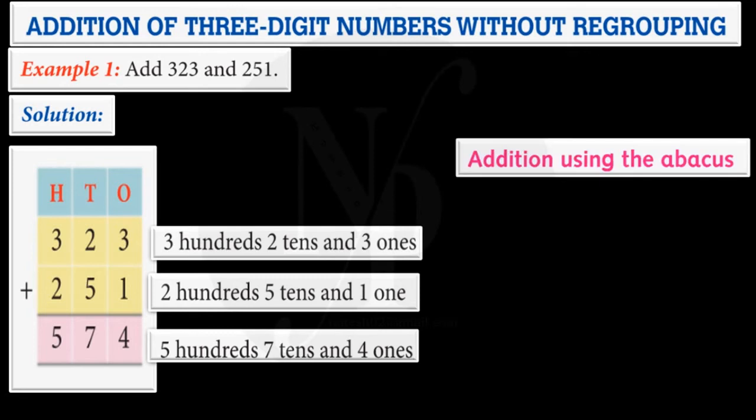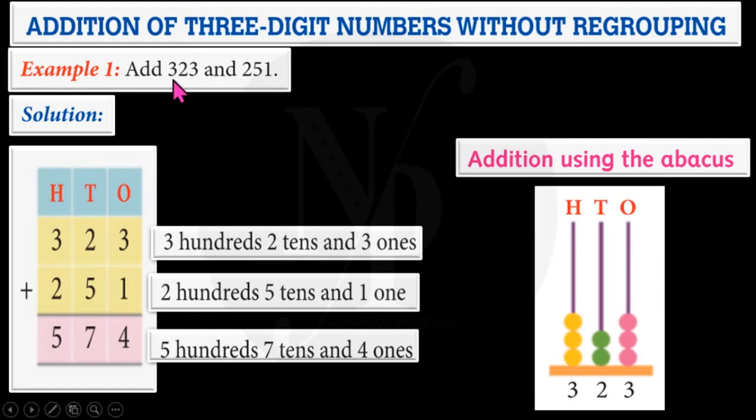Now let us see how we can add these numbers using the abacus. It is addition using the abacus. We consider the same example and we use the abacus to add these two numbers. So we have to add 323 and 251. So first let us consider the abacus in which there are 3 beads on the ones rod, 2 beads on the tens rod, and 3 beads on the hundreds rod.